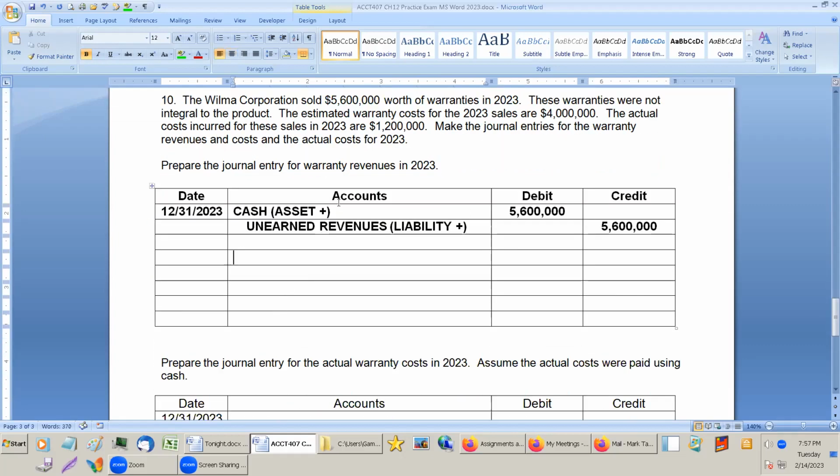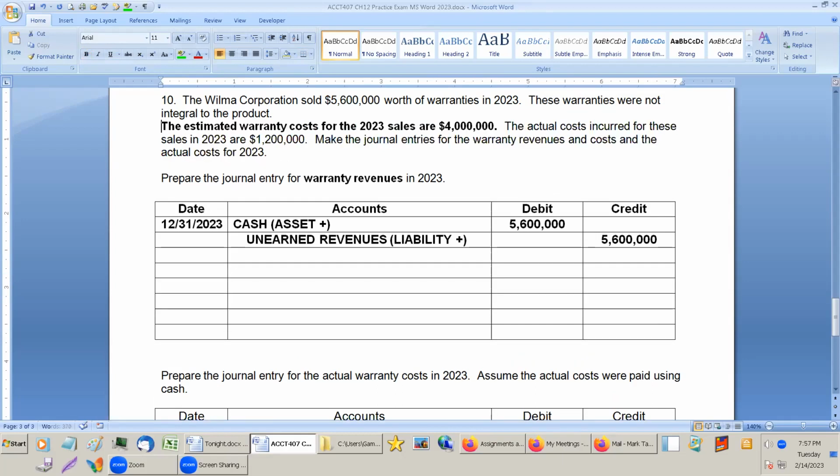Okay, so the question is, how much of these will actually be earned revenues? The estimated warranty costs are, I'm gonna put these on separate lines just so I don't get confused.